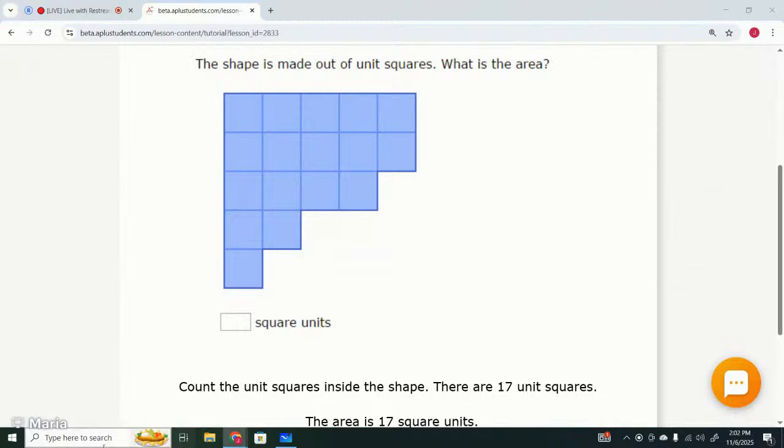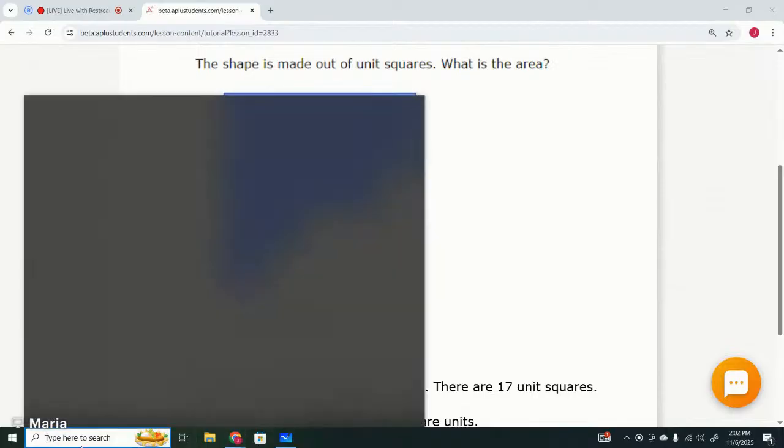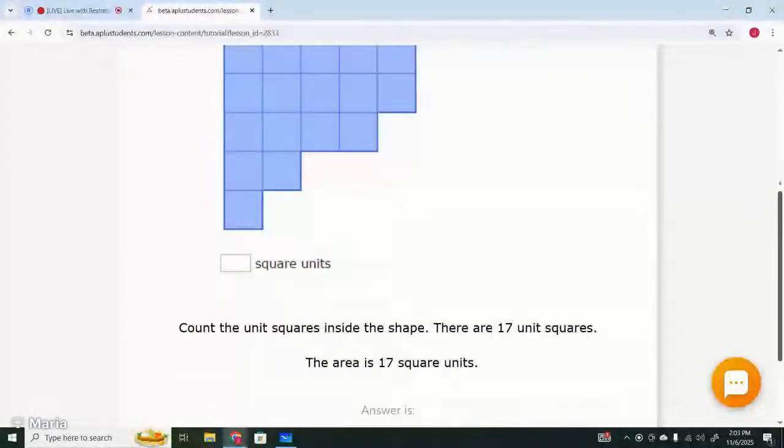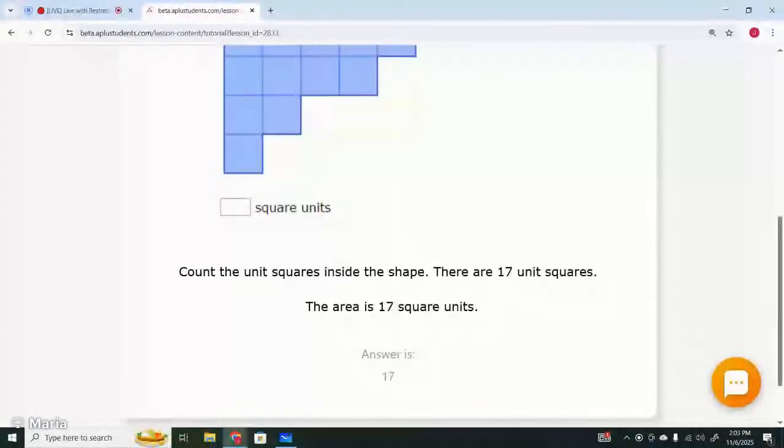So the shape is made of 17 unit squares. There are 17 in number. Area is 17 square units. The correct option is 17.